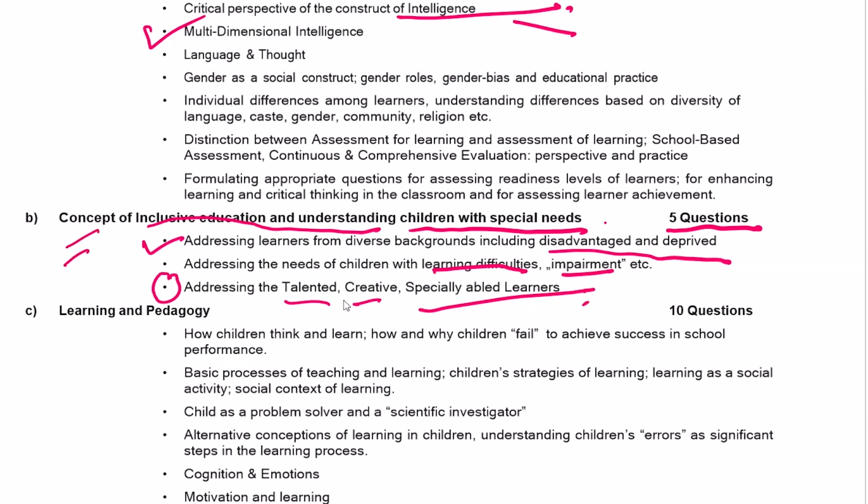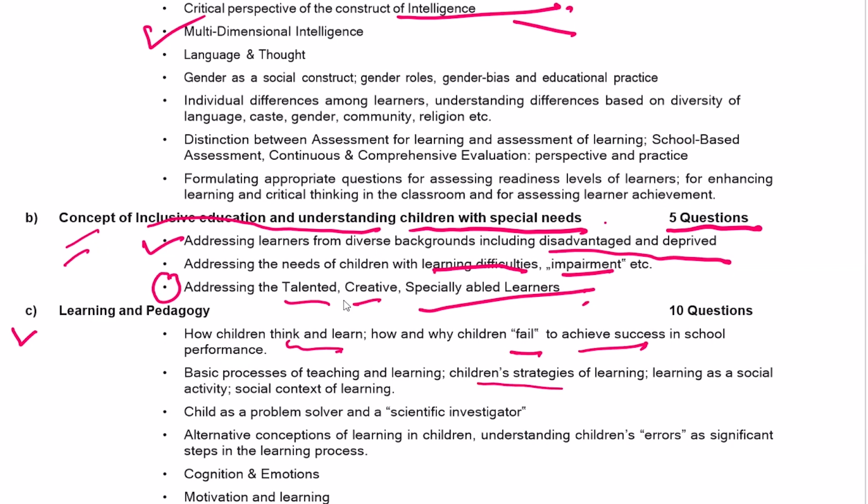Now the third important area is learning and pedagogy. We have to understand how children think and learn, and why children fail to achieve success. What's the reason of a person being an underachiever? All these things we'll have to study. Basic processes of teaching and learning, children's strategies of learning.